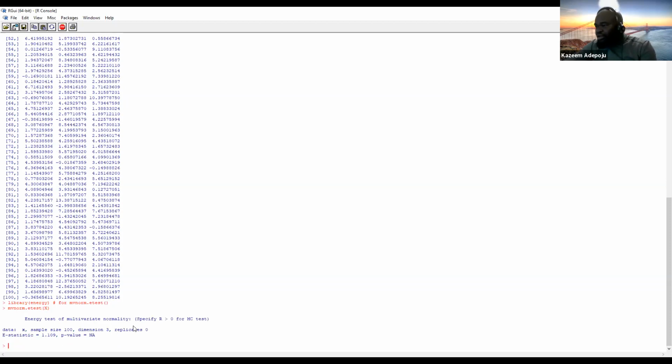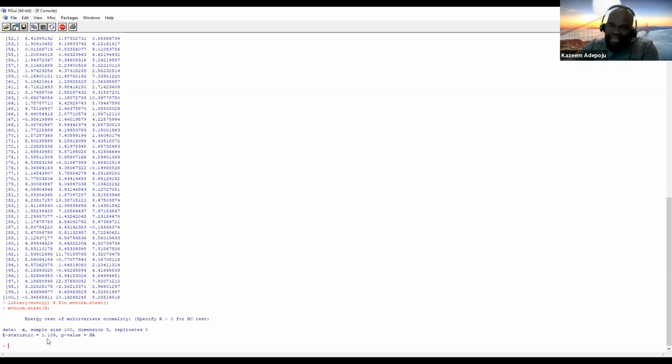Now if you look at this test, everything is good, but there's something that is missing. Look at that p-value. The p-value is not available right here. It means if you want to take a decision using this, you actually need to use your F statistic value.